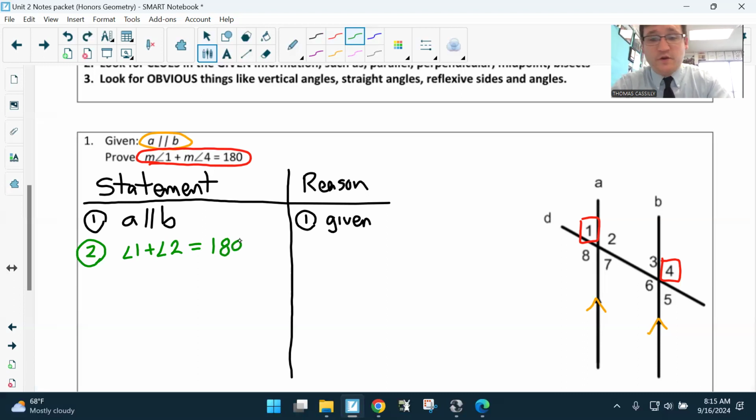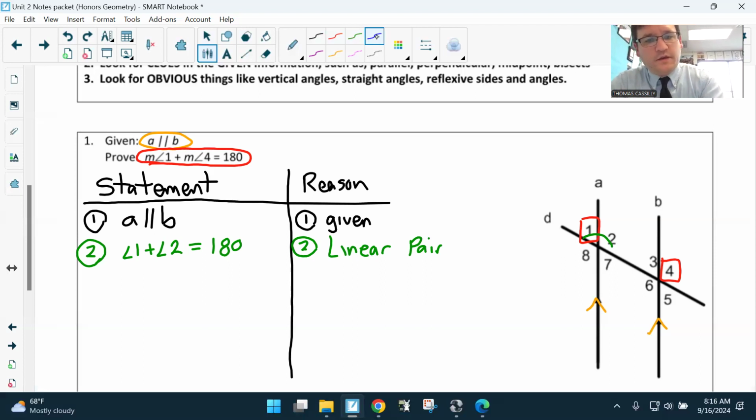Okay. Why do I know that? I know that because we have to think about what combination angle 1 and 2 are. Well, they are a linear pair. We know all linear pairs equal 180 degrees. All right.